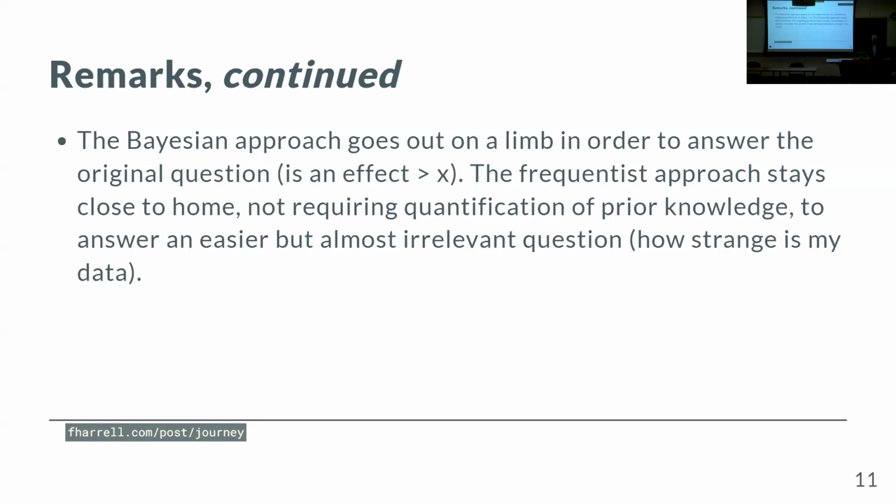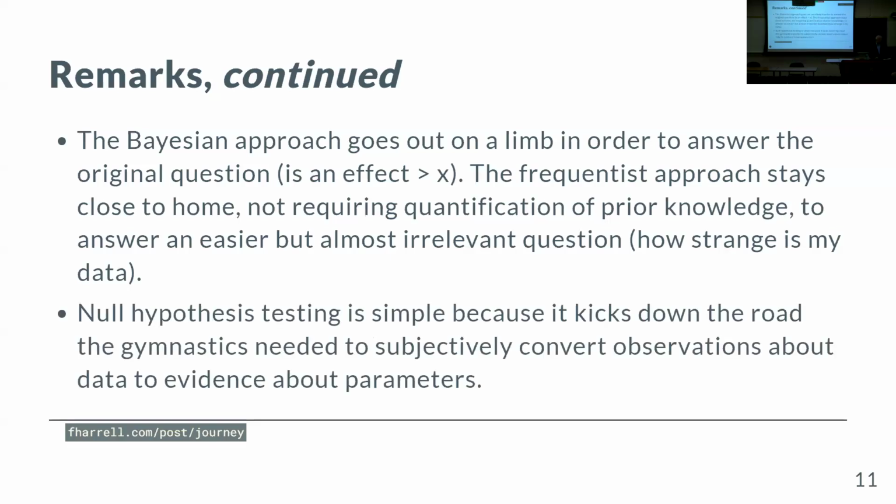The model is so simple when the null hypothesis is true in many cases. You can do hand calculations. So you stay close to home. You don't need to quantify prior knowledge to answer an easier question, but it's an almost irrelevant question. How strange is my data if the null hypothesis were magically, stunningly, amazingly true? So it's simple because you're kicking down the road the tough problem.